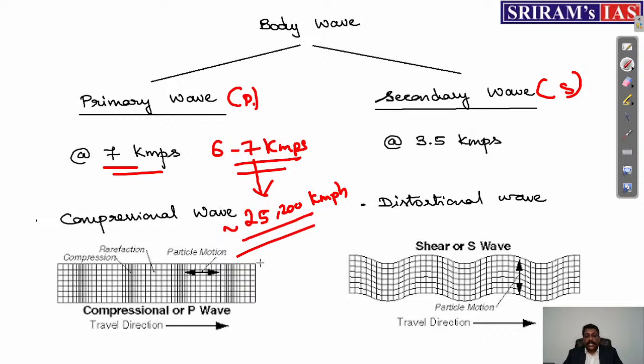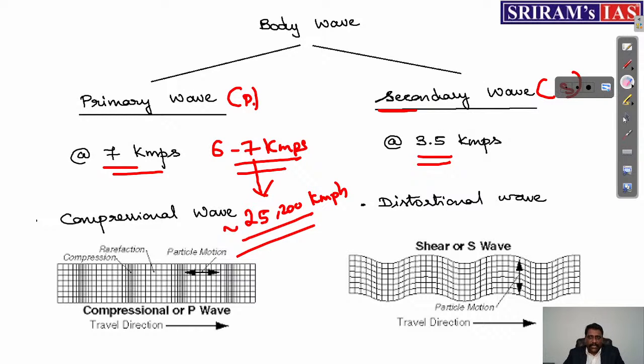I can imagine the velocity at which the P wave is traveling. So at any place, what reaches first is the P wave. That's why it is called the primary wave. What follows is the secondary wave, which travels at about half the velocity of the P wave.